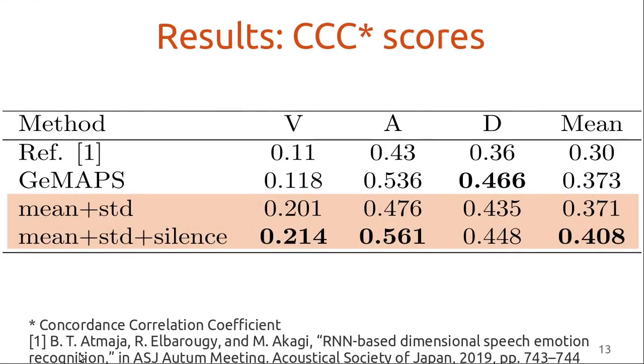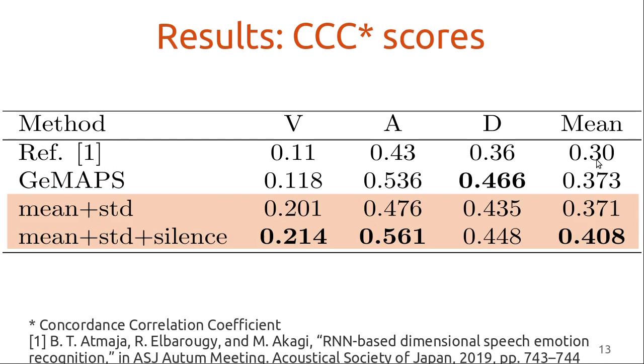So here's the result. We measure our result in CCC, or concordance correlation coefficient. As a baseline, we include our previous research using 31 low-level descriptors, or acoustic feature sets, from pyAudioAnalysis, and this is the previous result.